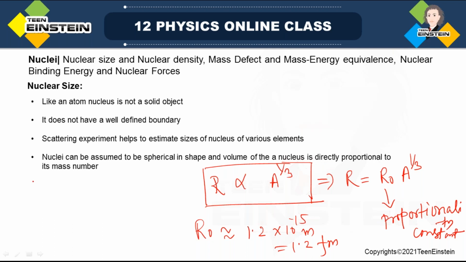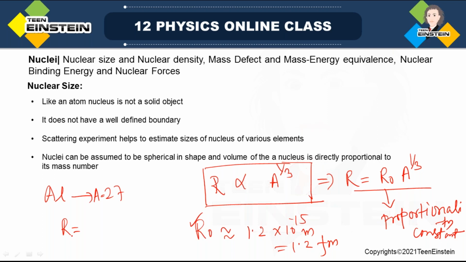Now see, if we have various elements, like if I take aluminum, what is the mass number? For aluminum, A is 27. If this is given in the exam, you might be asked to find the probable radius of the aluminum nucleus. You can calculate easily using this equation.